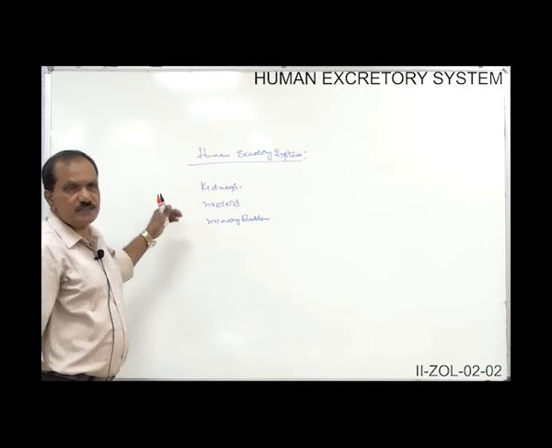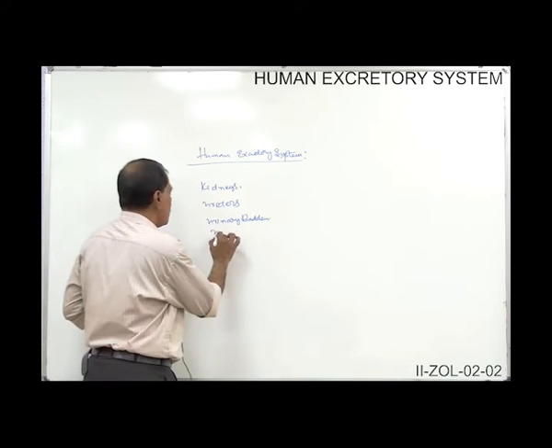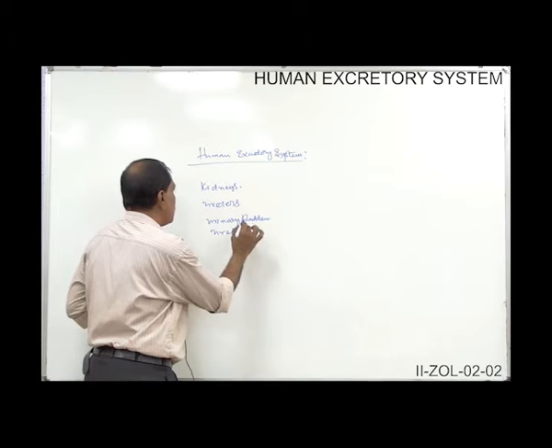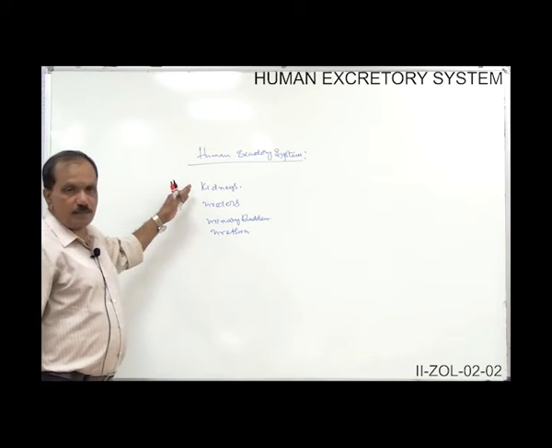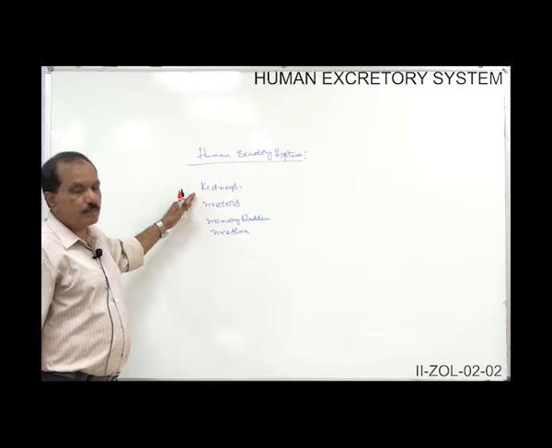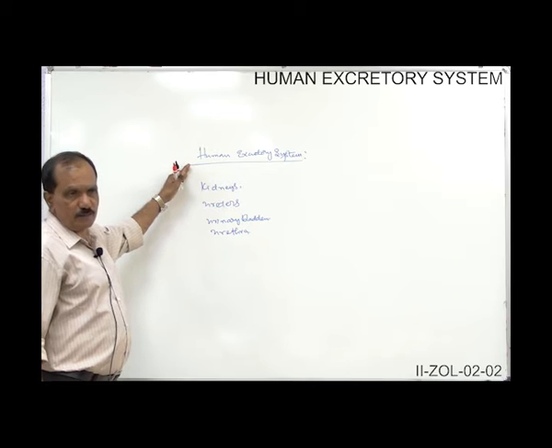These are the three important structures, and also the urethra will come. So these are the important parts which come under the excretory system of the human being.